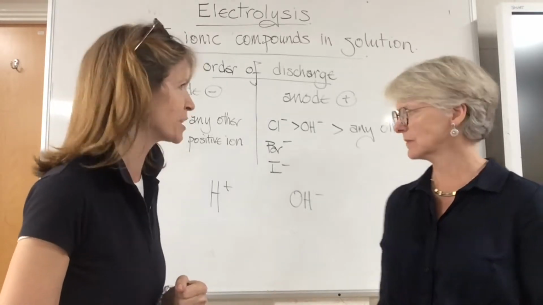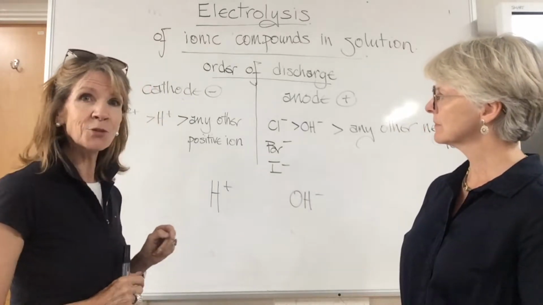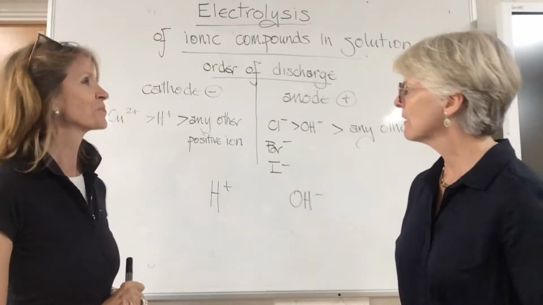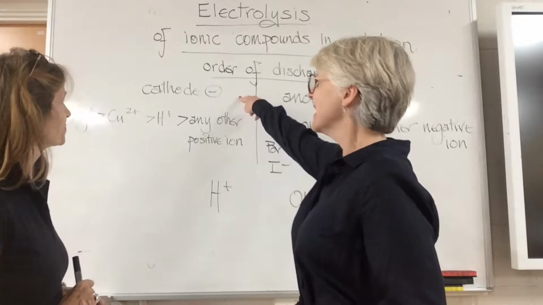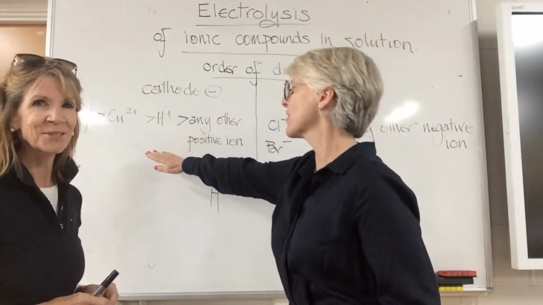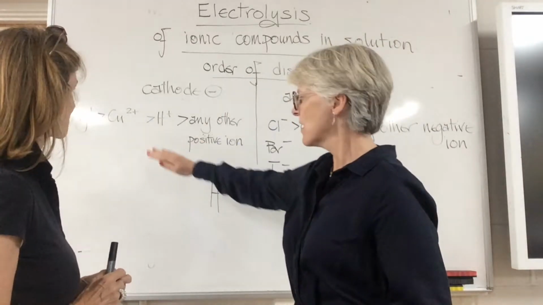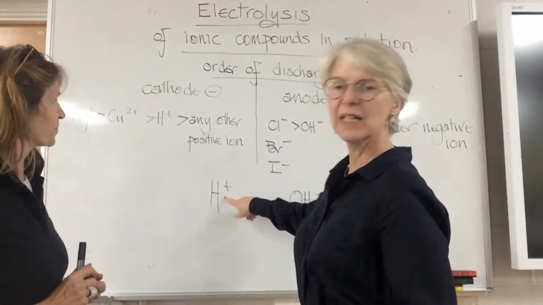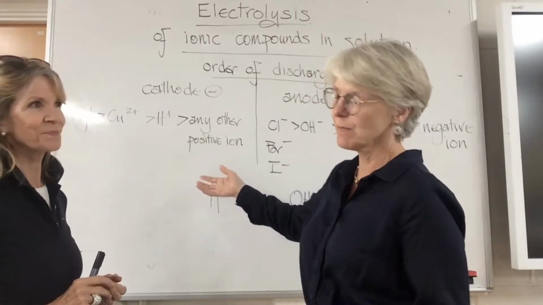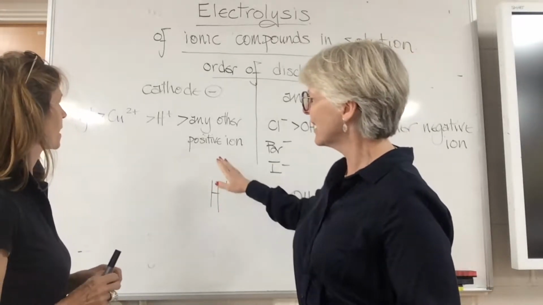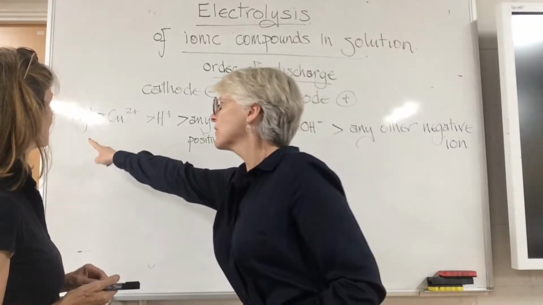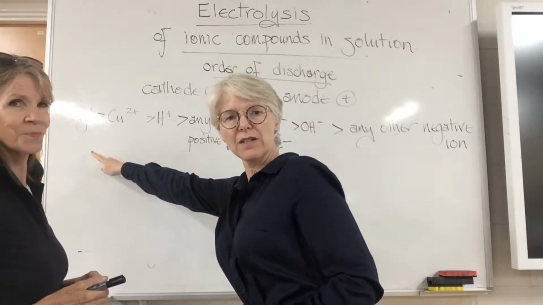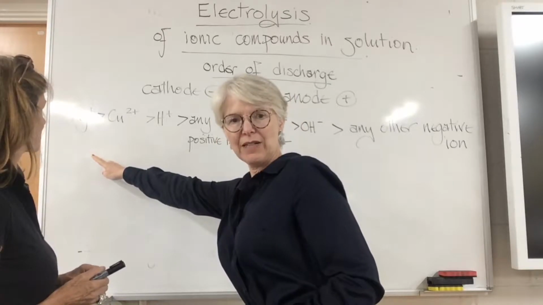It's very straightforward. So the rules for the cathode are, Dr. Bourne? Right, so the cathode is the negative electrode, so it's going to attract positive ions. So you're going to have your hydrogen ion and one other, presumably. So when they get there, the one that would be discharged first would be the least reactive of everything.